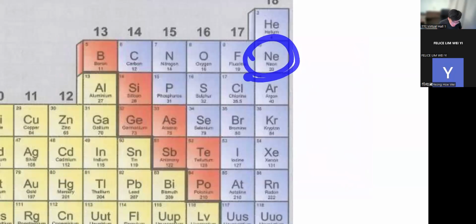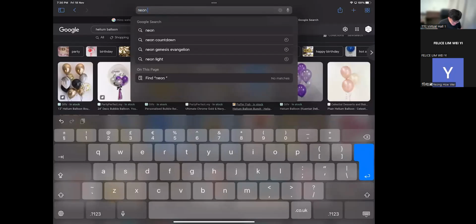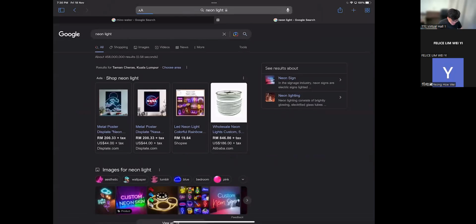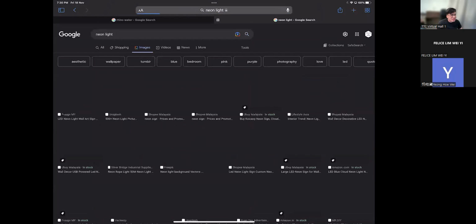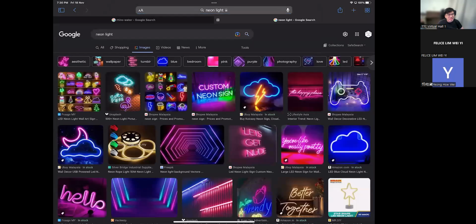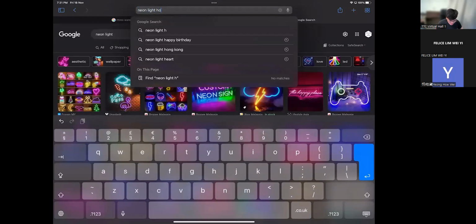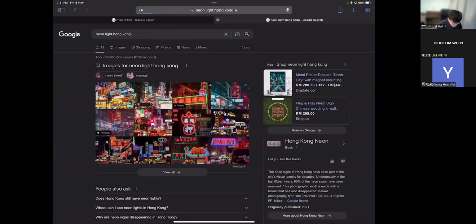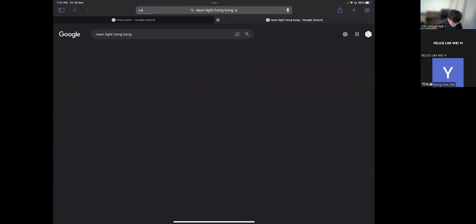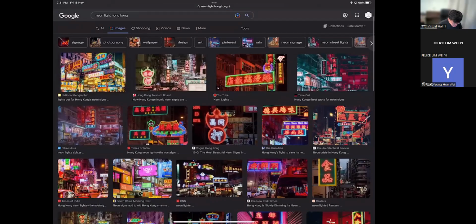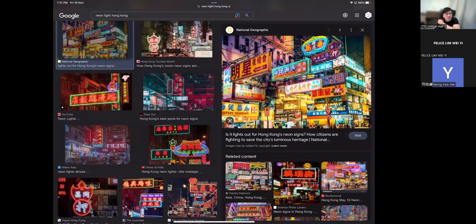And then your neon. Ne is neon. Neon we used to put in advertising light. See, very cool one. Last time like 70s, 70年代 Hong Kong they use this kind of light, right? Neon light in Hong Kong. 以前香港就是这样子的. Like in 尖沙咀 you see this kind of thing. This is neon. I mean, now we don't use this anymore.